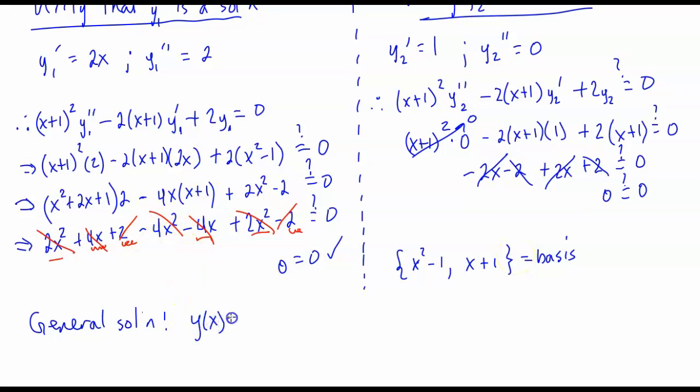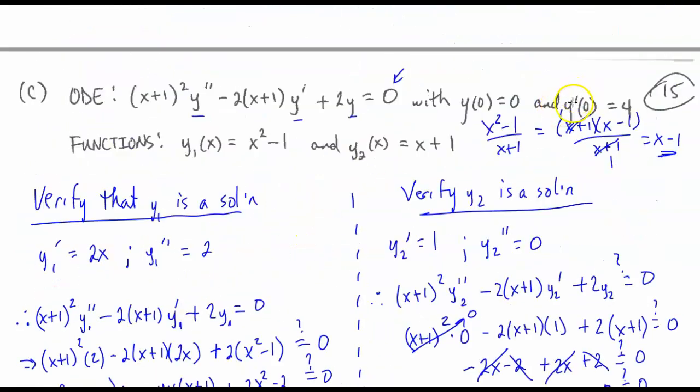And thus, we know that C1 times (x squared minus 1) plus C2 times (x plus 1) would be a function to characterize all of our possible solutions for this ODE. And so now we can just use the initial conditions that we were given here. And I'll circle them here because I know I got a lot of writing going on. So these two initial conditions here to find out what our C1 and C2 will be.